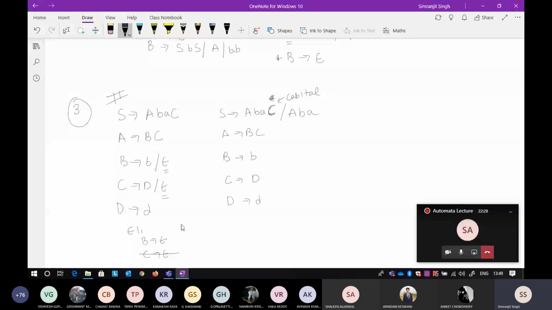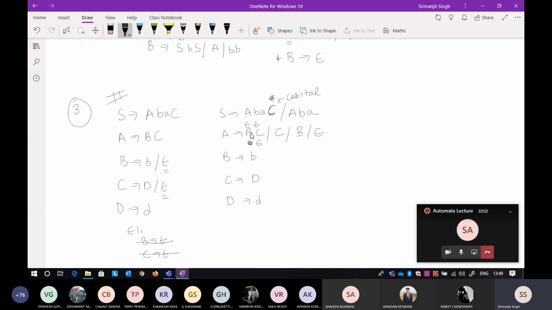Now another one, I want to eliminate the production B tends to epsilon. Put epsilon first time, put epsilon here, then it will become only C. Now second time put epsilon in C because C is also tending to epsilon. So it will become B. Now put epsilon in both sides, so it will become epsilon in the productions.